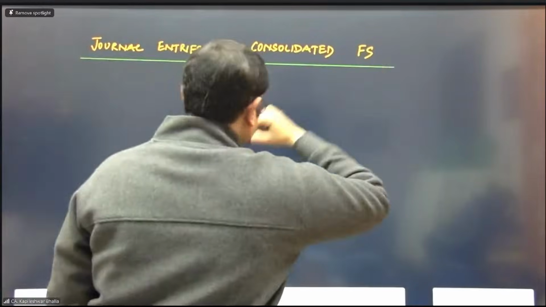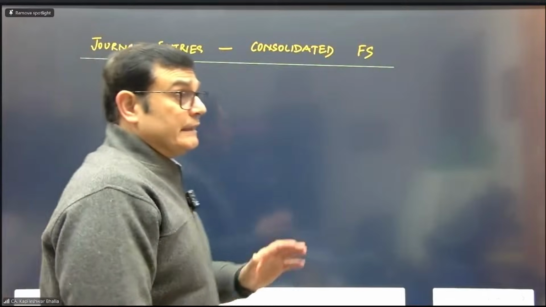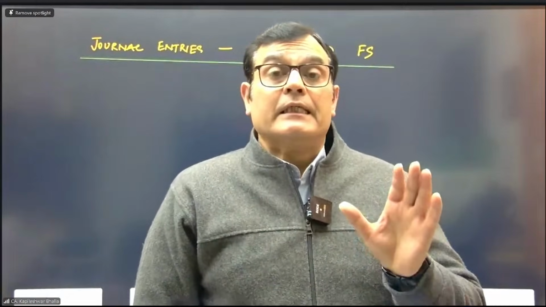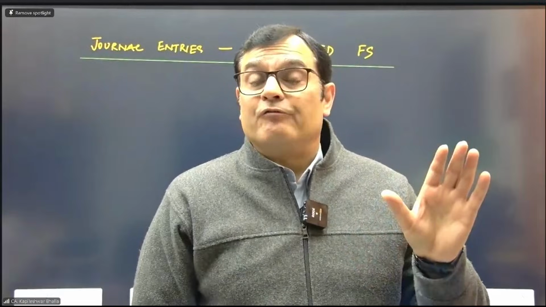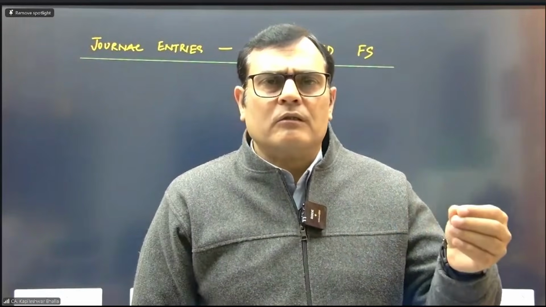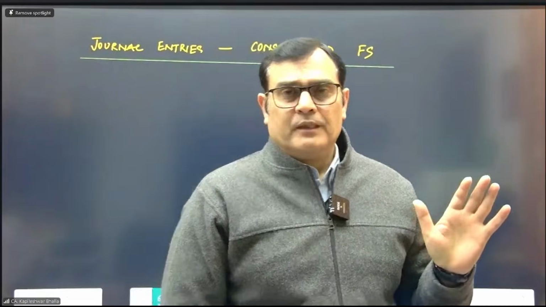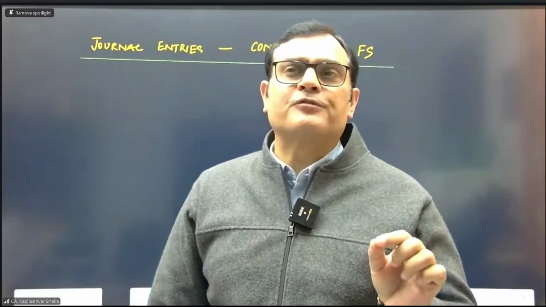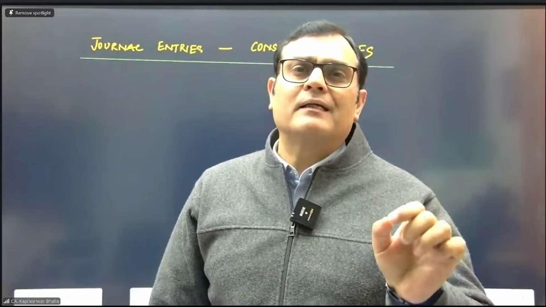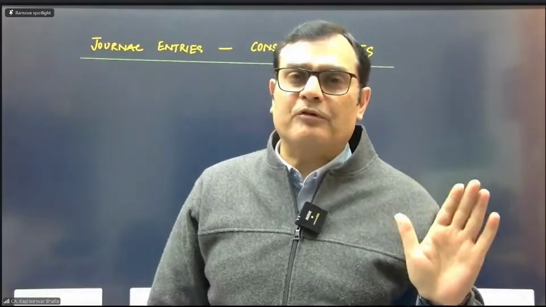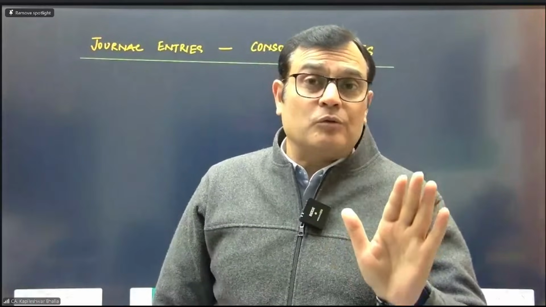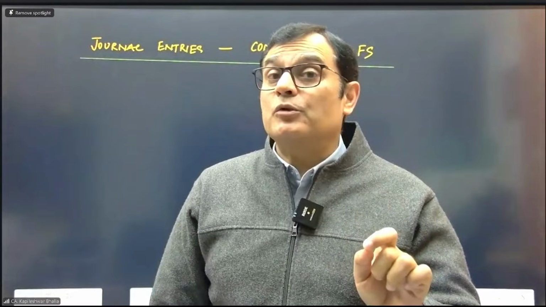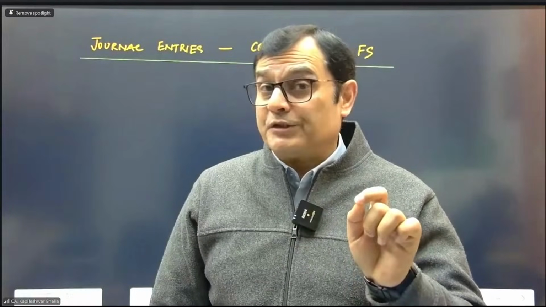So all these entries which I'm giving you are from the point of view of the consolidated financial statements. If you buy shares and you're looking at standalone financials, normal entry for acquisition. If you're looking at standalone financial statements and there is a disposal of shares, normal entry for sale: bank debit, investment credit, calculate the profit or loss. So the idea is not to give you the entries in standalone financials. The idea is to look at entries in the consolidated financial statements.